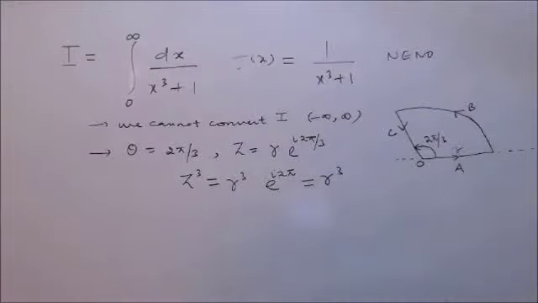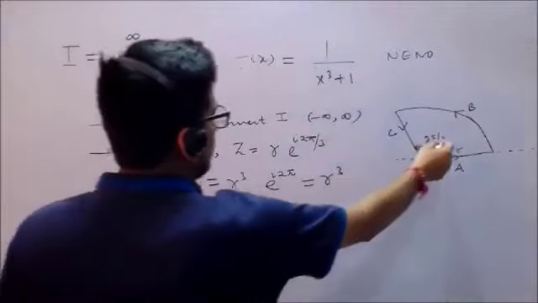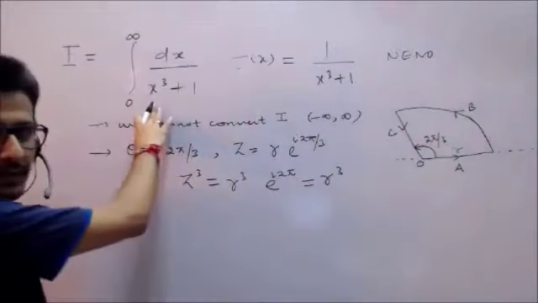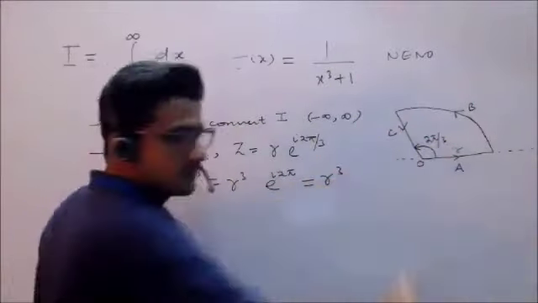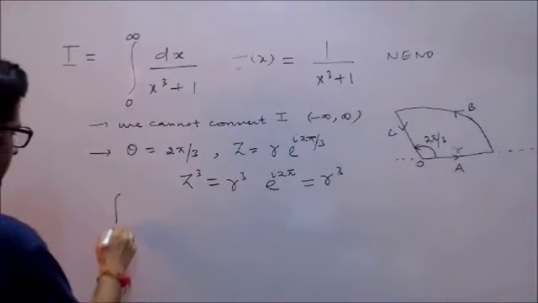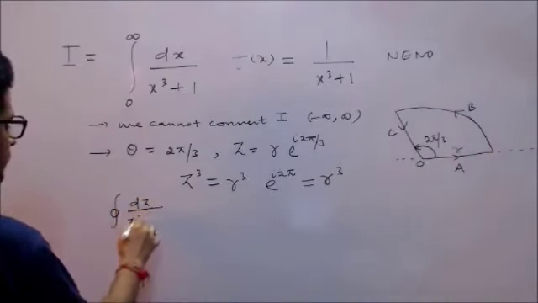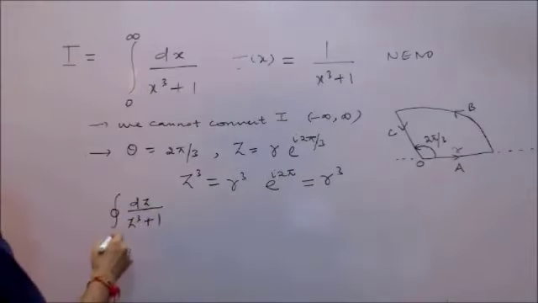If x to the power 5 was there, I would have taken 2 pi by 5, because z to the power 5 would have given directly r to the power 5. So I am going to take the contour integral of dz over z cube plus 1 as a closed contour.